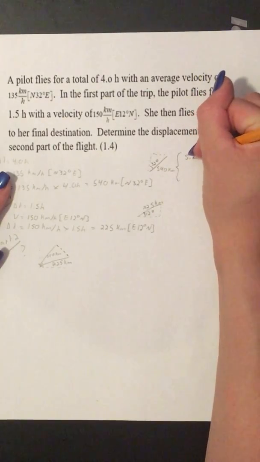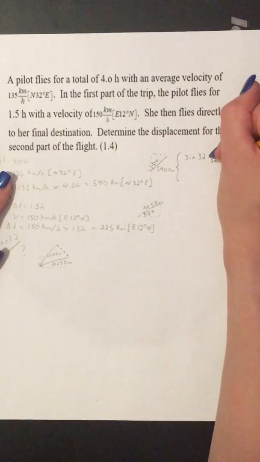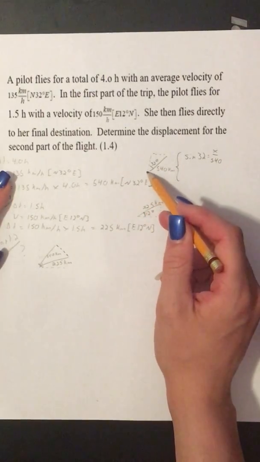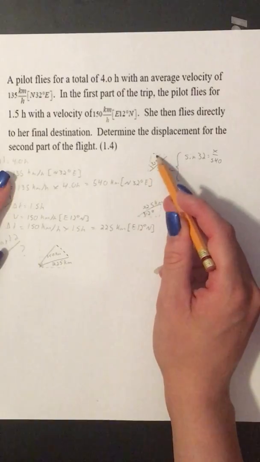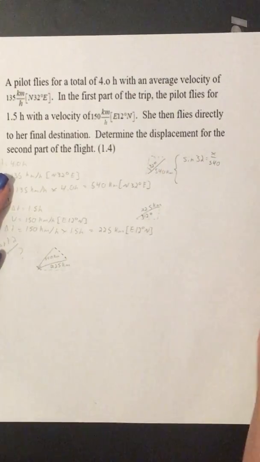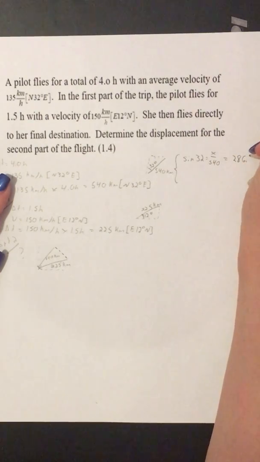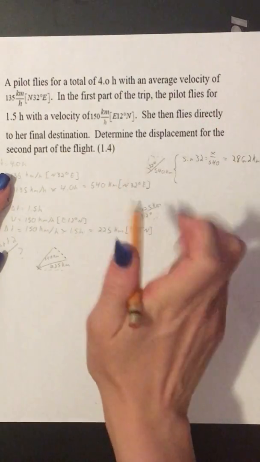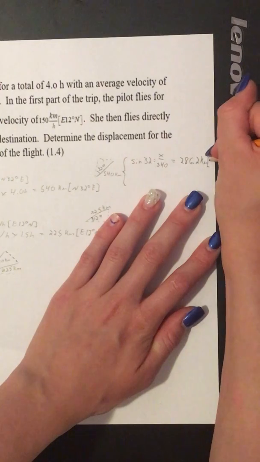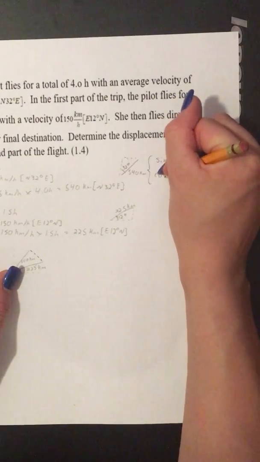So we can use sin 32 is equal to x over 540, because to find x, sin is equal to opposite over hypotenuse, so x will be our opposite, and then this will be equal to 286.2 kilometers, and then it's going east since it's going in this direction on the triangle. And then we can use cos to find the y.